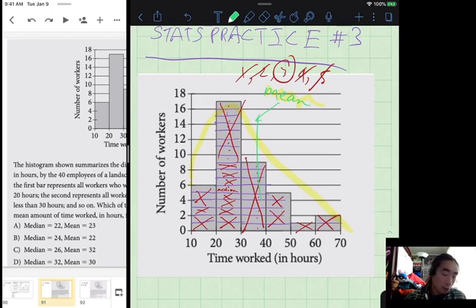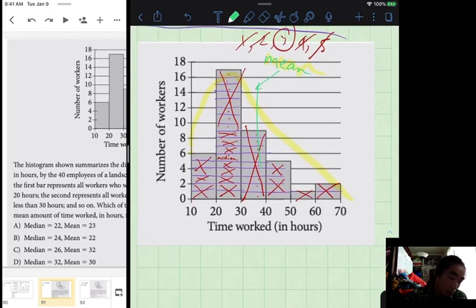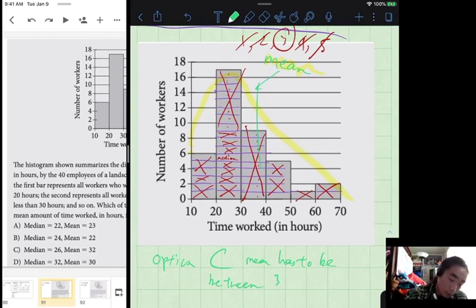The only answer choice that matches that would be option C. Mean has to be between 30 and 40. Does that reasoning make sense?